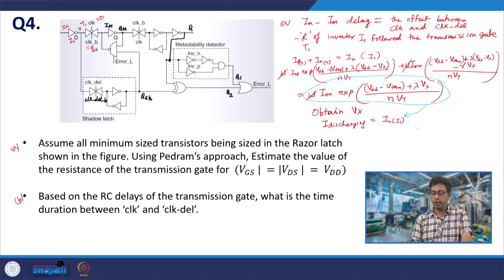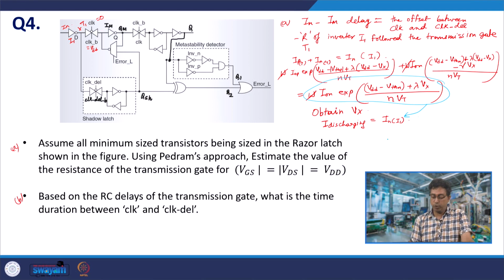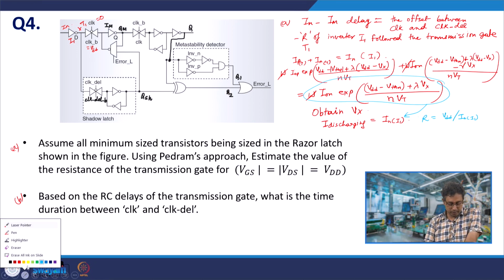Here you take the width into account, which is minimum width, and you get the value of this discharging current. What is the resistance? This discharging current is the current of the entire inverter followed by transmission gate. So, we are assuming the voltage of node IM to be VDD. So, resistance R would then be VDD divided by IN of inverter I1. Now, let us look at the part B of the problem.